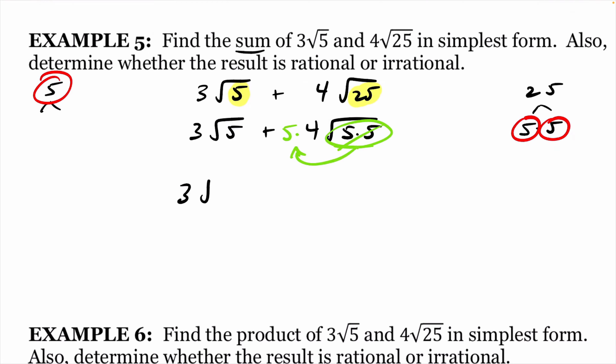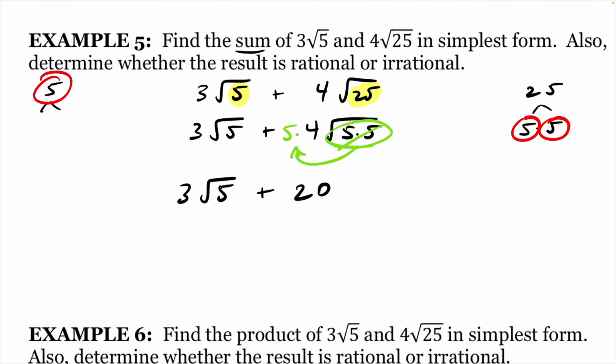So 3 square root 5 plus, this one is going to be 5 times 4, 20. What's left in the square root? Nothing, right? You don't need to write the square root. If nothing's left over, there's no purpose for it. Some of you are writing it and just leaving it blank. Don't even have to do that. Just leave it like that.